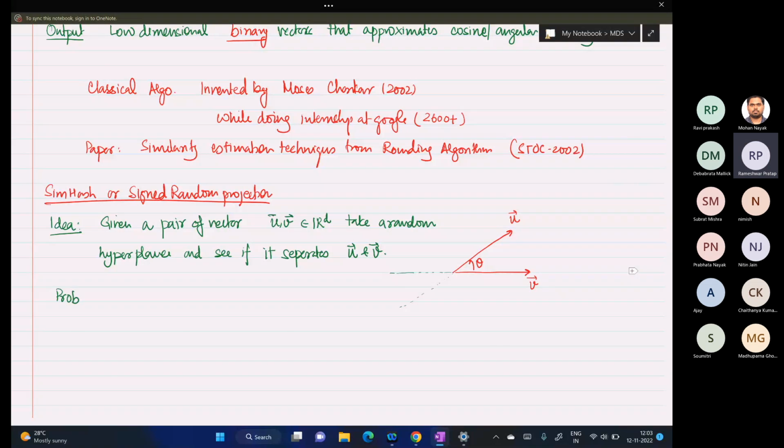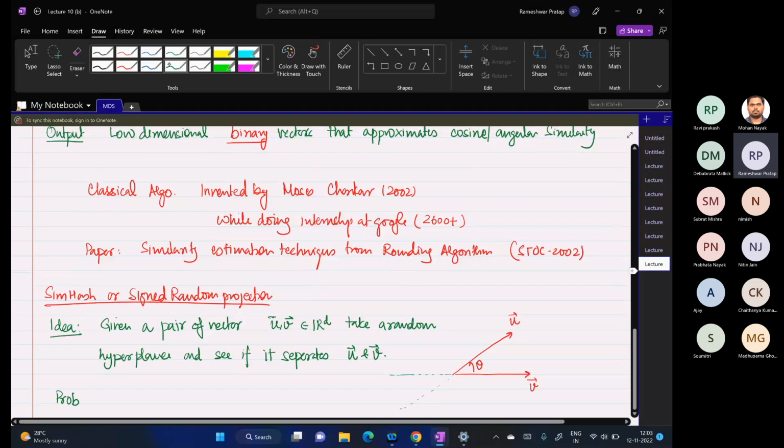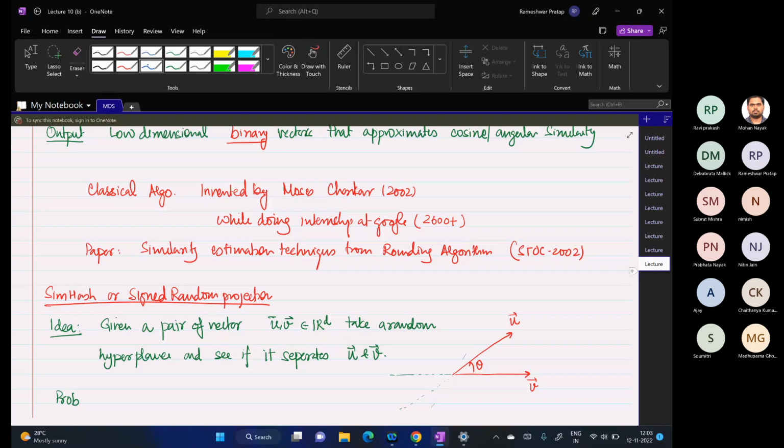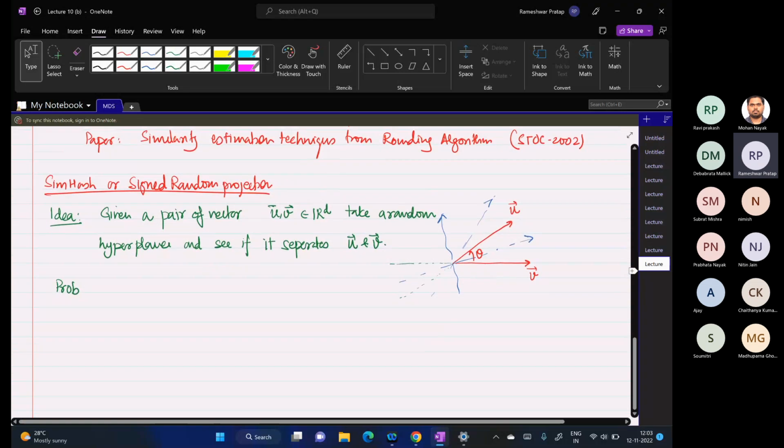So basically we'll take a random hyperplane, maybe like this, or it could be like this, or like this. Now we want to calculate the probability that a random hyperplane separates u and v.